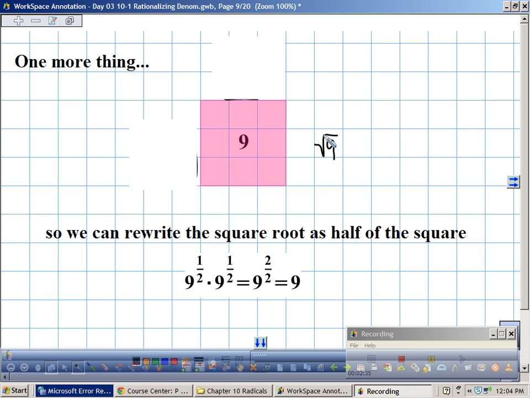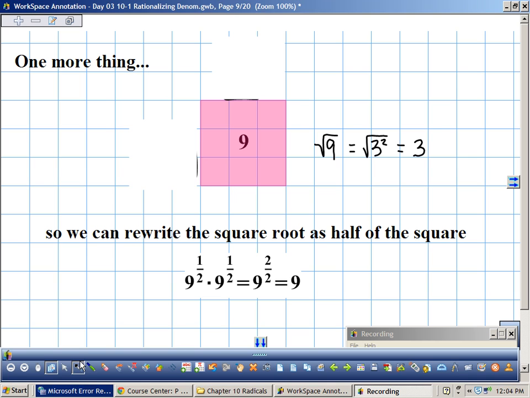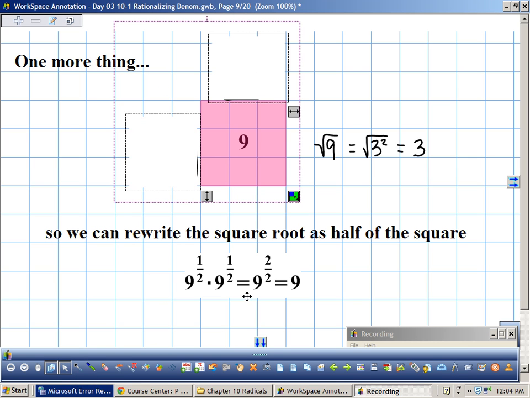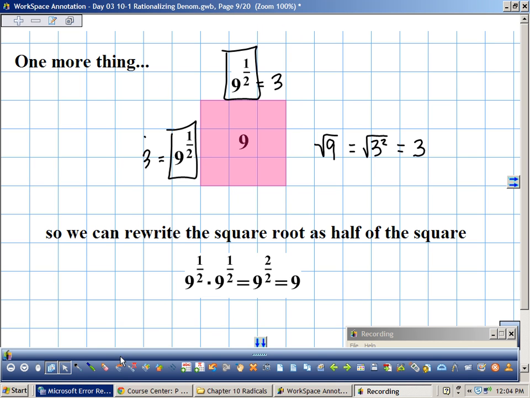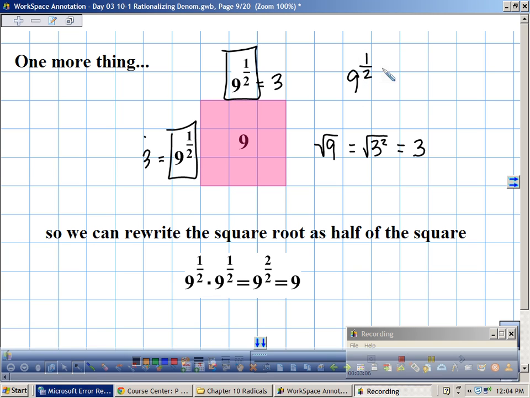Isn't the side of the square the square root? Isn't that how we found it? Which is 3. So this symbol right here, guys, 9 to the 1/2. Whenever you see a half in an exponent, it means square root.